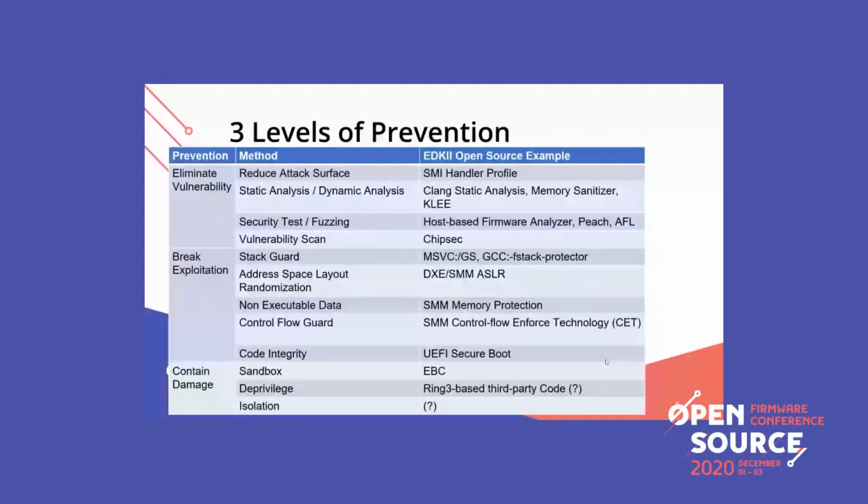The next is break the exploit. So assume the exploit gets in, but prevent it from affecting the attack. That's where things like a stack guard come in, which is something in compilers today where you have canaries, or some object on the stack, so that if there is an overflow, there's a runtime check.